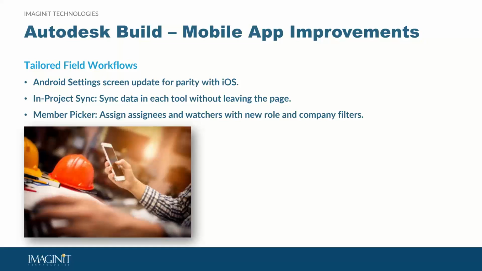We now have in-project sync, so we can stay right in the project and update and synchronize. If we get a call from someone saying they've synchronized at the office and we need to synchronize our mobile device, we can take that call, boom, synchronize it while we're staying there in the platform.